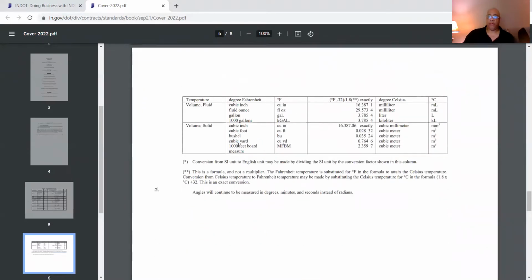You have temperature. Now, as an engineer, when you take your FE examination, you need to know these units of measurement. Next video, I'm going to talk about units of measurement and how to convert each unit of measurement. In fact, I'm going to do them for you using an Excel spreadsheet.